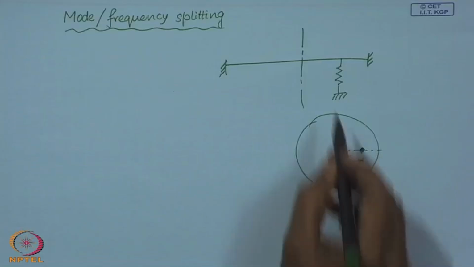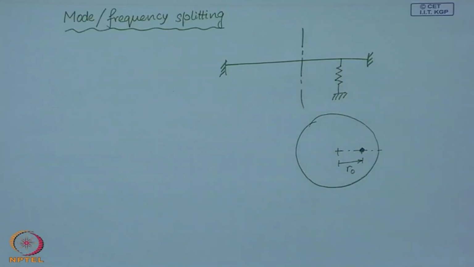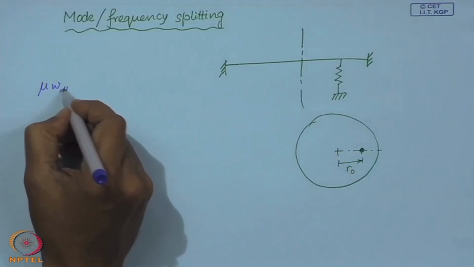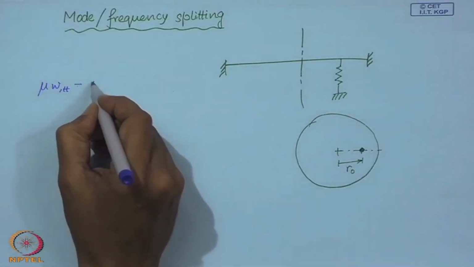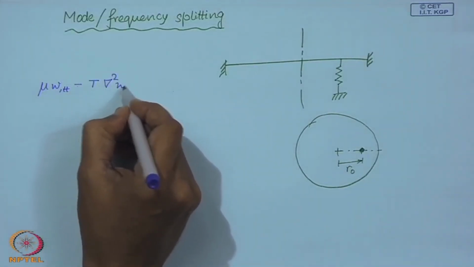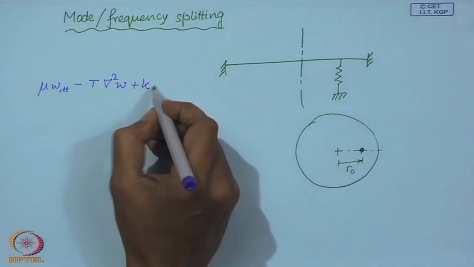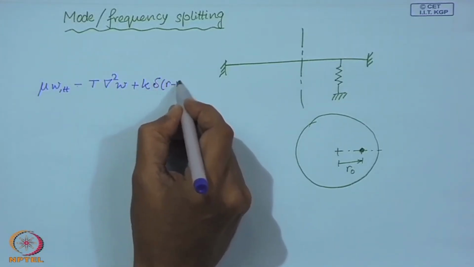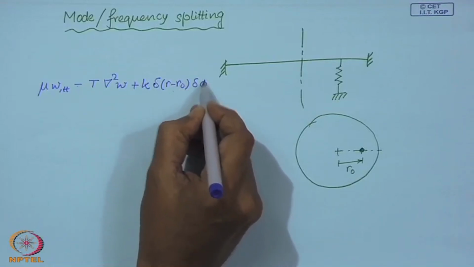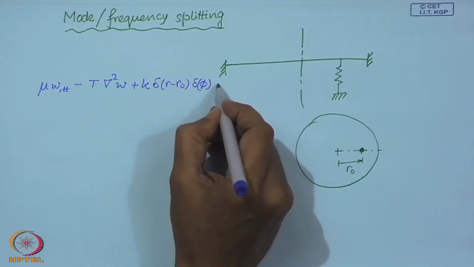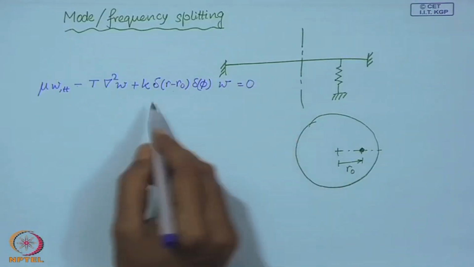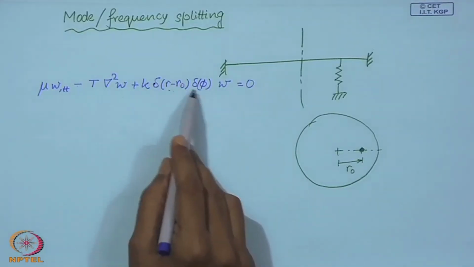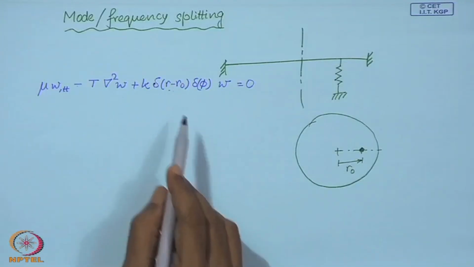In that case I can write the equation of motion. Here additionally I have this stiffness at r equal to r naught and phi equal to 0.